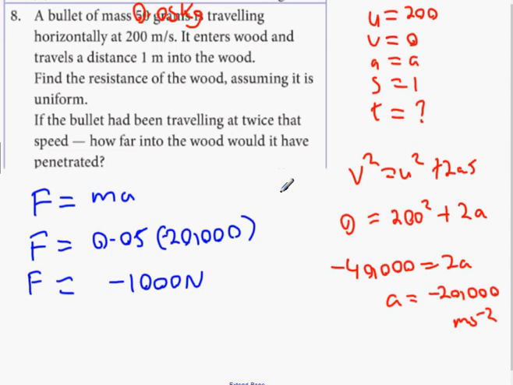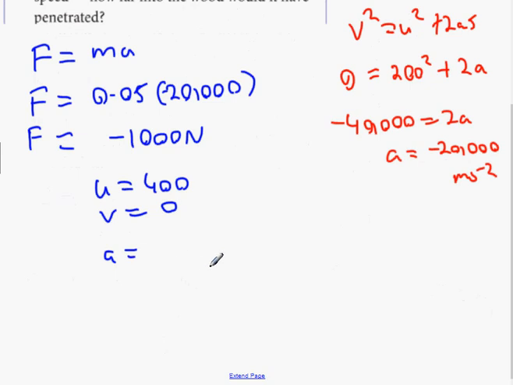If the bullet had been traveling at twice that speed, how far into the wood would it have penetrated? So U equals 400, V equals 0. A equals, the deceleration would have to still be the same. Minus 20,000.